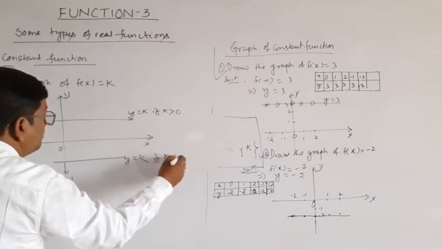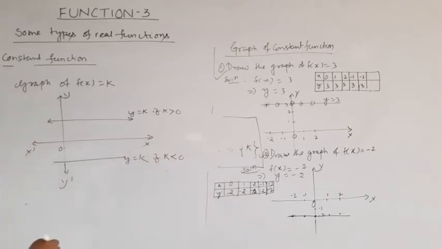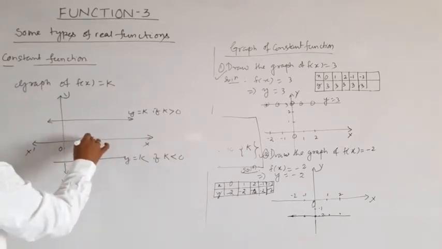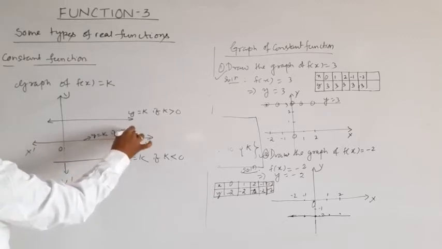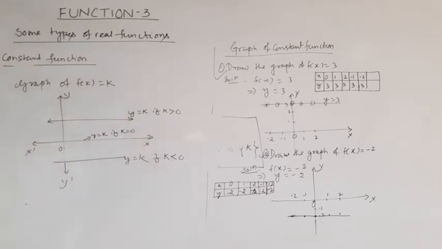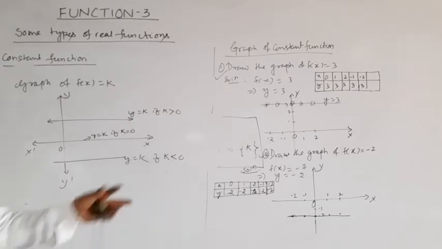This is y is equal to k if k is less than 0. And the graph of y is equal to k if k is equal to 0. This is the combination of these two questions.